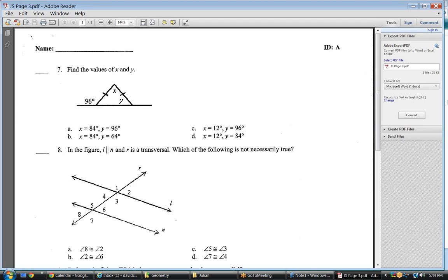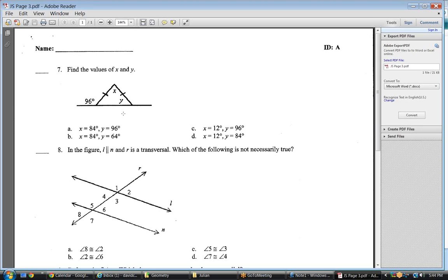So what's 180 minus 96? 84. Good. So that angle is supplementary with that angle, correct? So this angle is 84. What's Y?